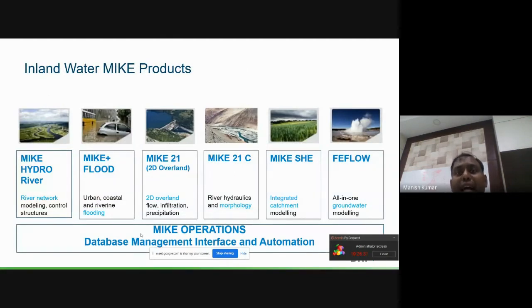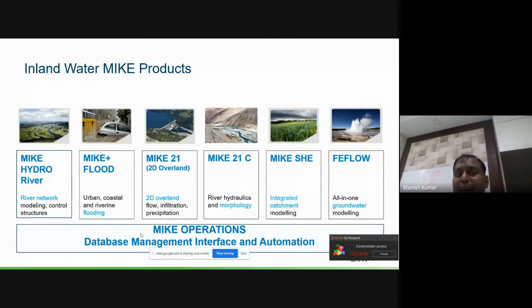Now, when you have this precipitation forecast or meteorological forecast for the next few days, you can use this in various modules of MIKE software for different types of study. So we have MIKE Hydro for channel flow and control structure.